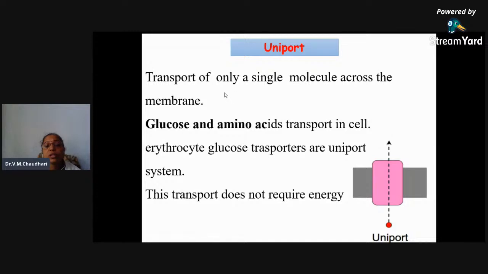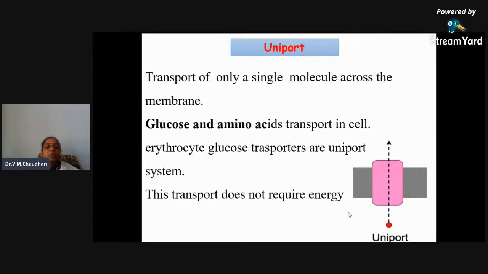The transport of only a single molecule across the membrane is the uniport mechanism. For example, glucose and amino acid transport in the cell; the erythrocyte glucose transporter transports glucose into the cell.